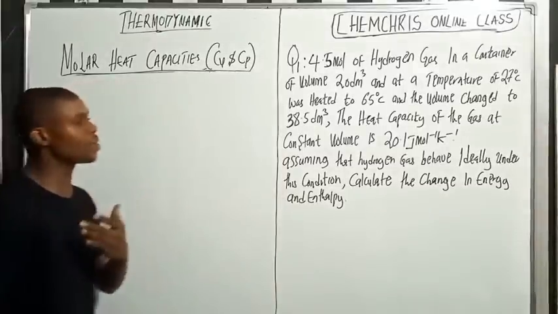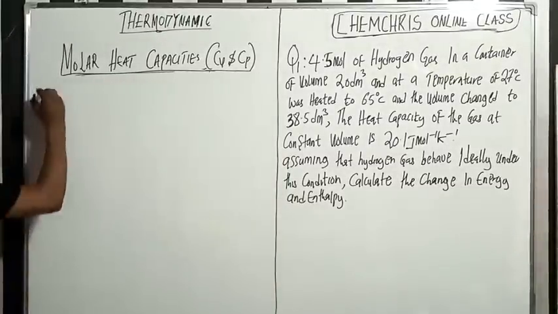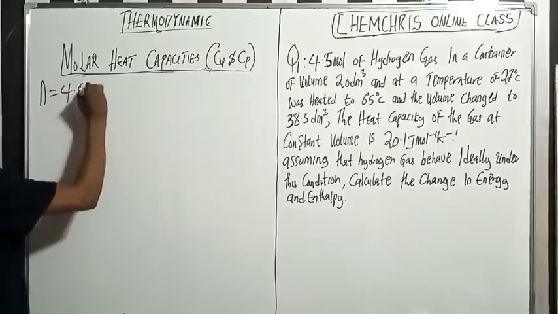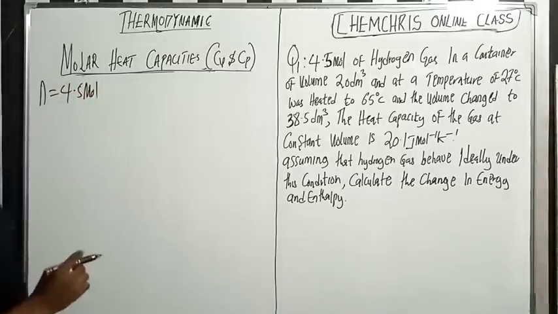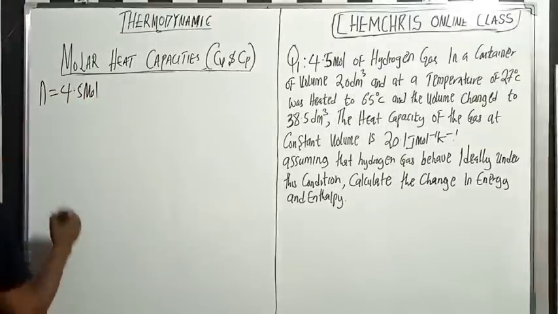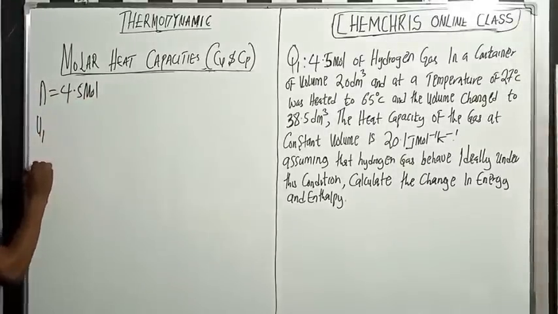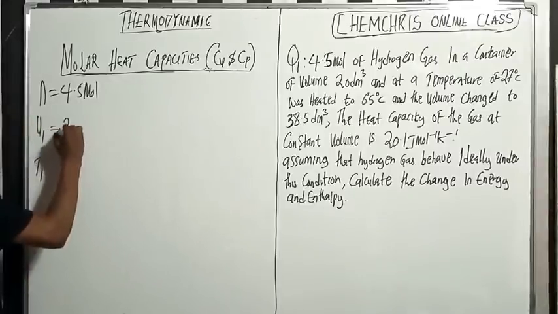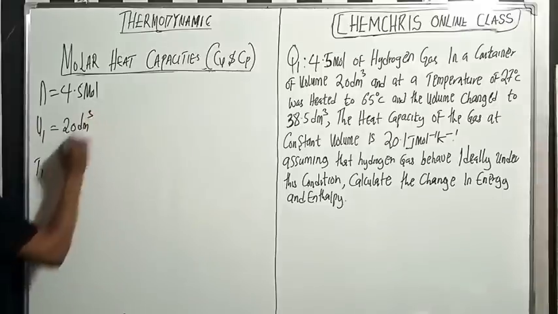So let's look at the data given to us. They give us moles. Moles equals 4.5 moles, right? Now you can see that we have V1, V2, T1, T2. My V1 is 20 dm3.